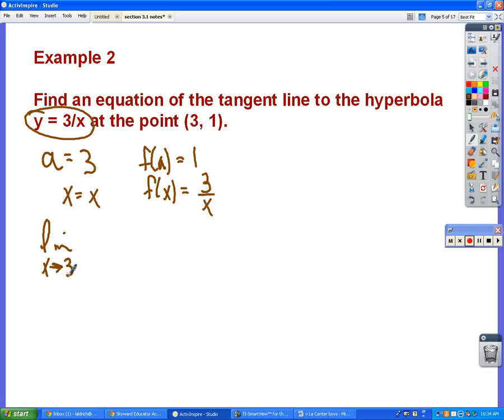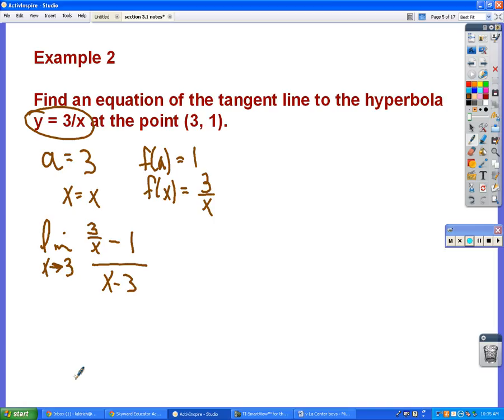Okay, so you could be looking at your note card right now with that original definition of the derivative that I gave you with the a's and the x's of f of x, which is 3 over x minus f of a, which is 1, divided by what? x minus a, which in this case would be x minus 3. Okay? So the first question is, can you take this and turn it into this?